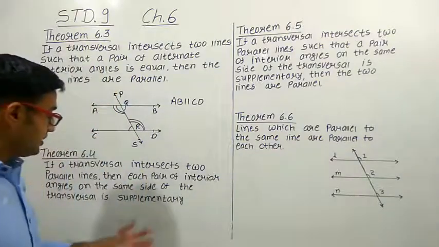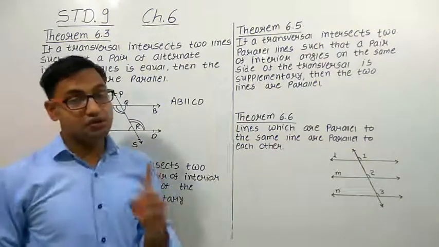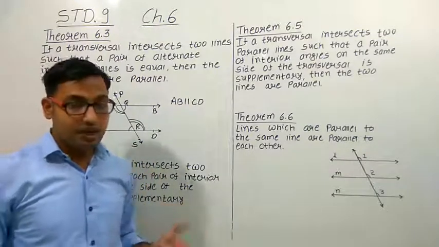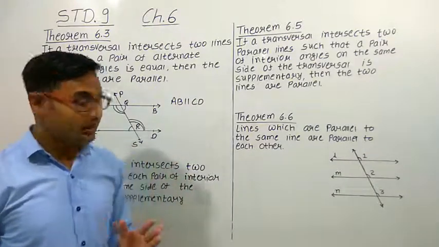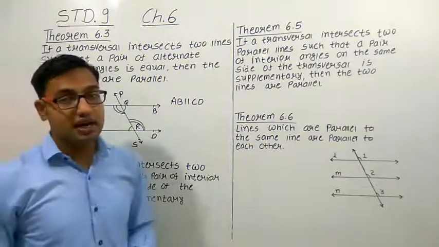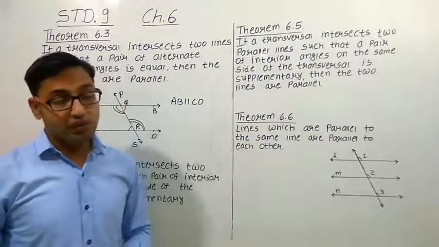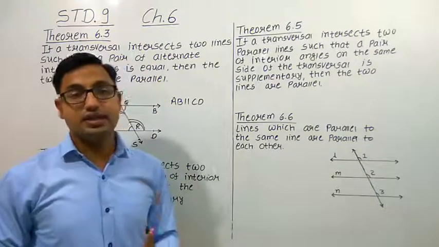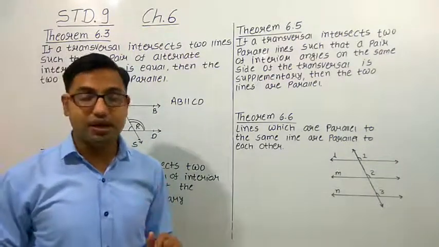What is the meaning of supplementary? We have studied that before. If we add two angles and the total is 180, we can say that both angles are supplementary. And if the addition of two angles is 90 degrees, we say they are complementary angles.